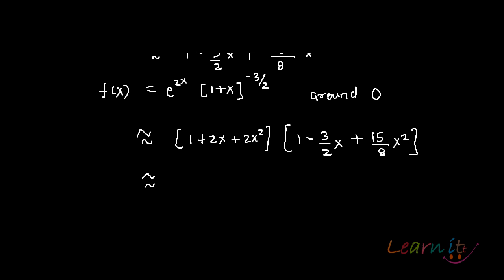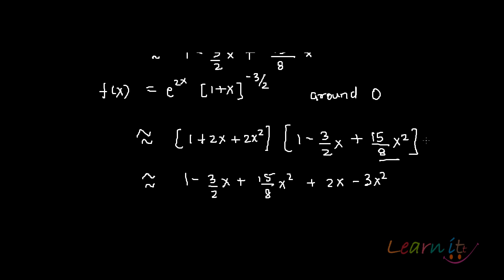Multiplying 1 with the whole bracket here, I get 1 minus 3 by 2 x plus 15 by 8 x square. Now multiplying 2x with the whole bracket here, I get 2x minus 3x square, because 2 cancels out. There is no point multiplying with the last term here, because that will give me x cube, and I am not interested in that.